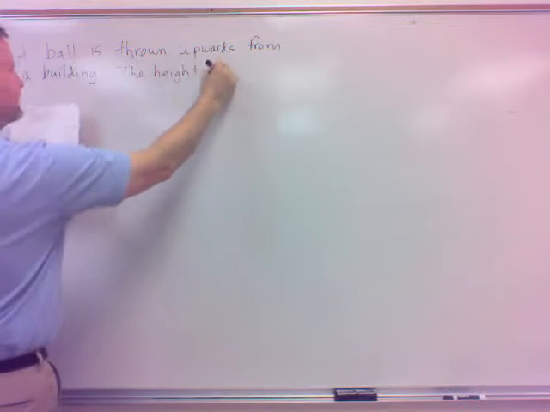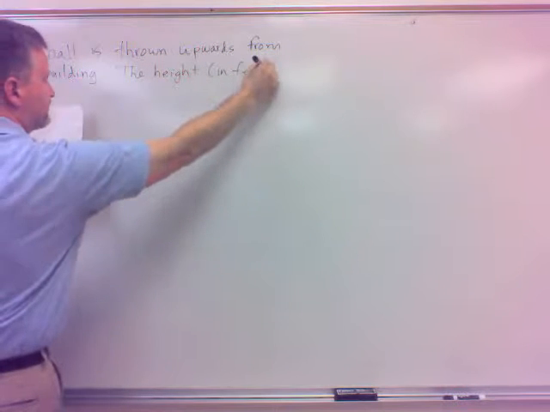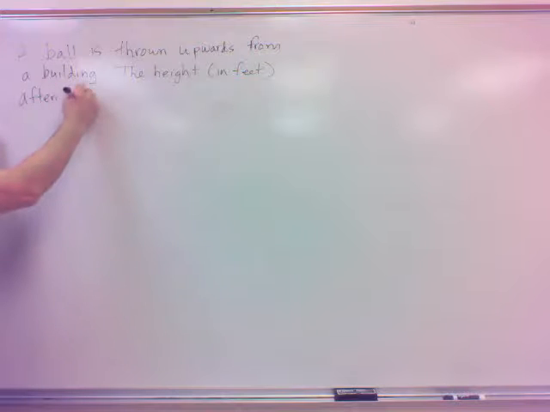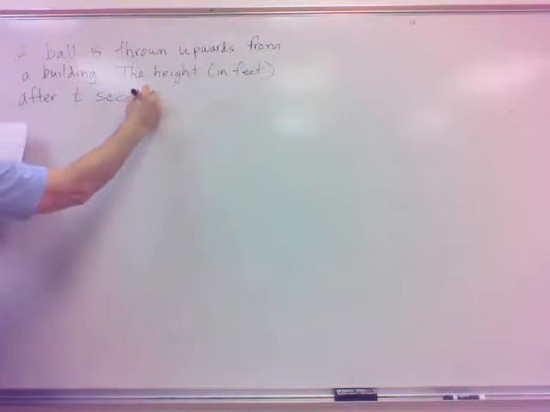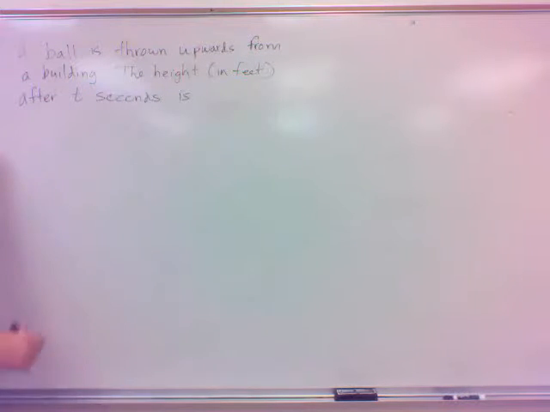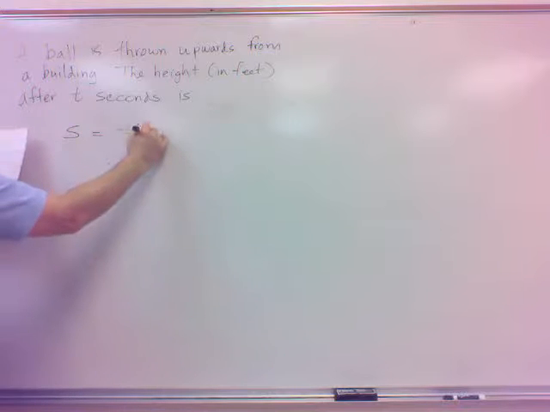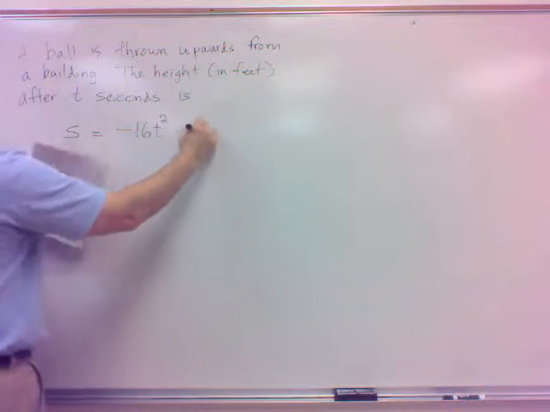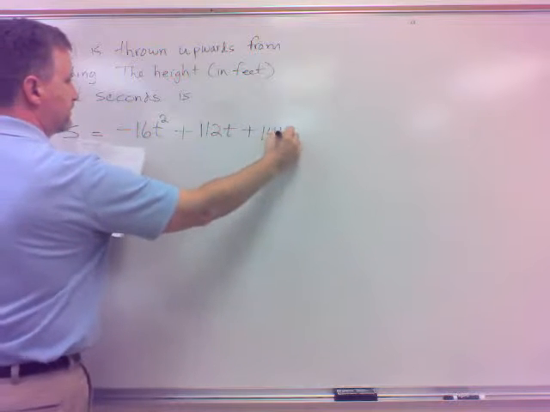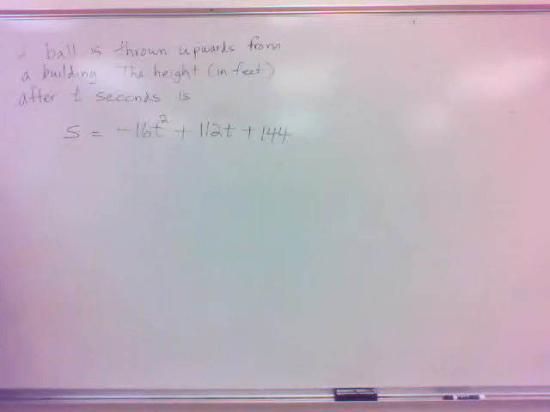The height to be in feet after t seconds is given by this formula. S equals negative 16t squared plus 112t plus 144.